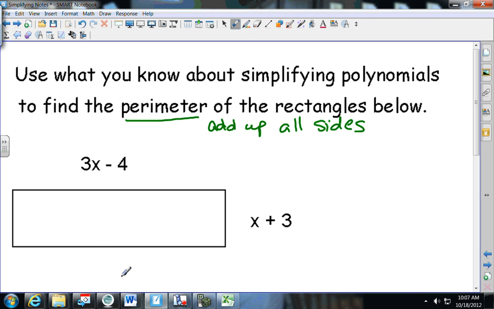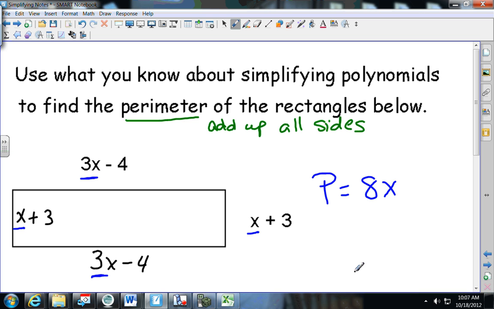What I like to do is label all my sides, 3x minus 4 and x plus 3. Now let's go through and add up all my x's. 3, 6, 7, 8. So the perimeter is 8x.